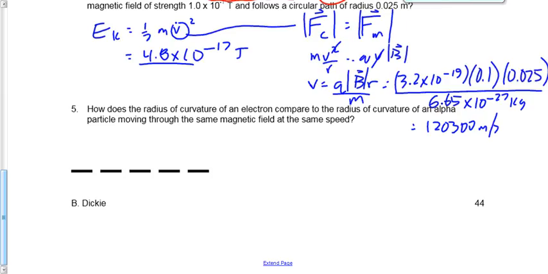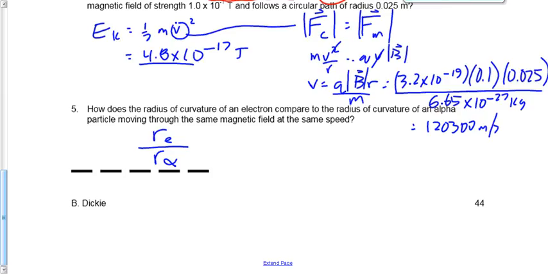So here's what it's going to be: the radius of the electron's path divided by the radius of the alpha particle's path, just like it was the age of me divided by the age of you. Remember that. Whenever you want to compare two numbers, you always think divide. Compare equals divide.